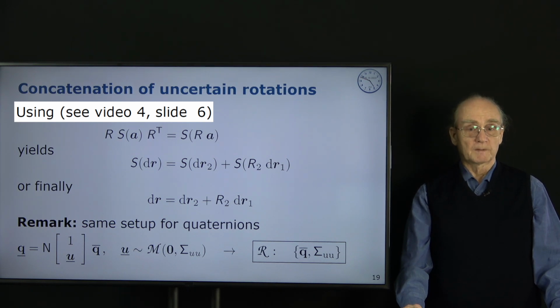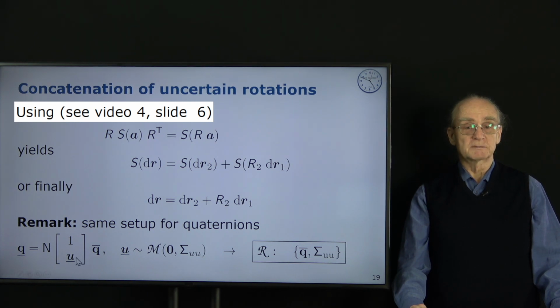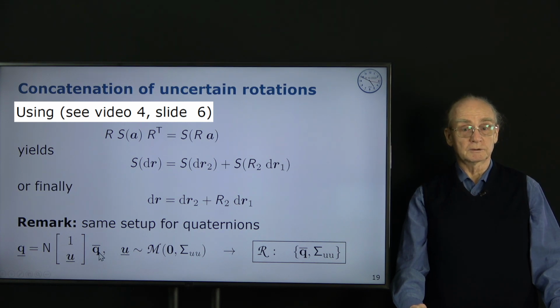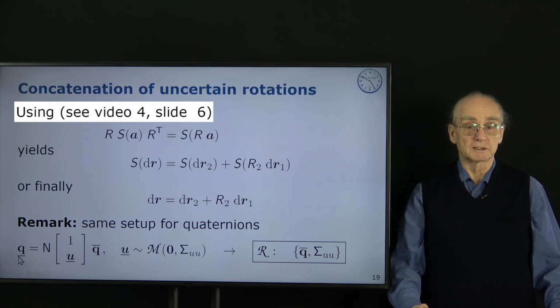Just a remark, we can do exactly the same if we use quaternions. So you take the mean quaternion, then you take a small quaternion, which is 1, and a small vector u, which is random. You normalize this vector and obtain a quaternion. So if this is a unit quaternion, the normalization guarantees this is a unit quaternion, so the product is a unit quaternion, which is uncertain.